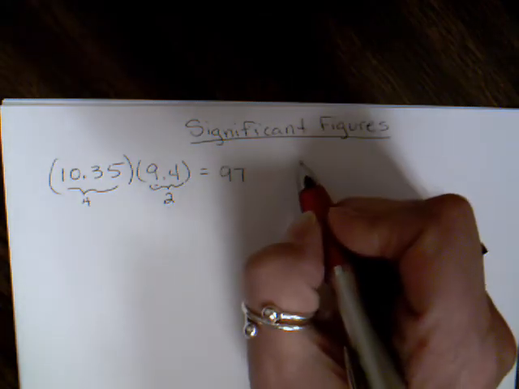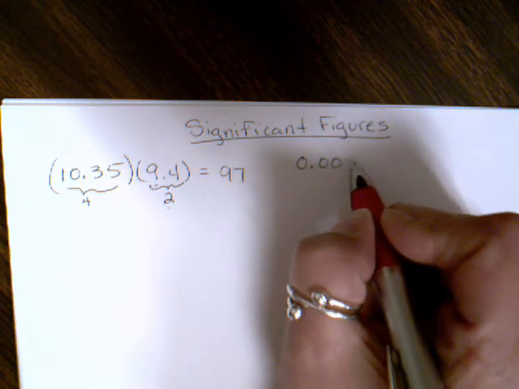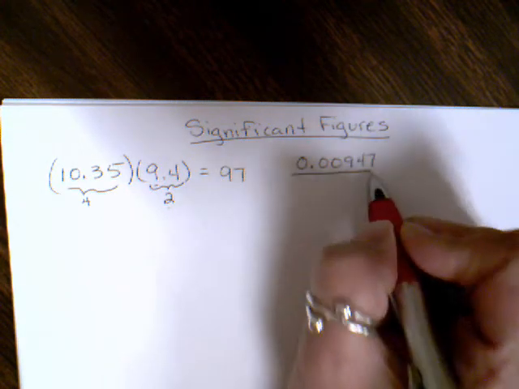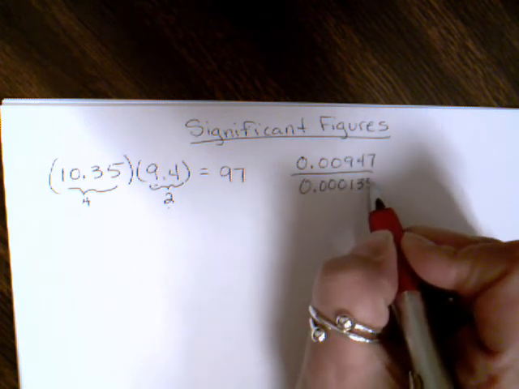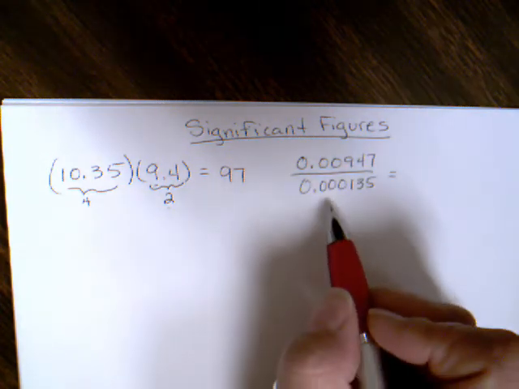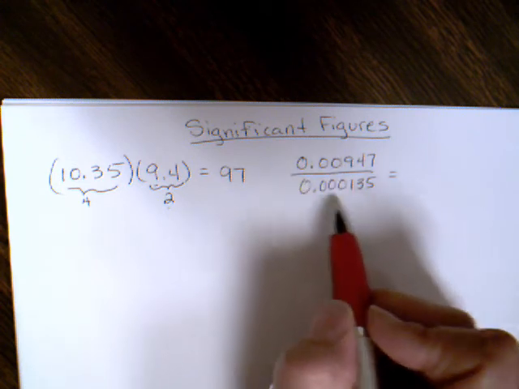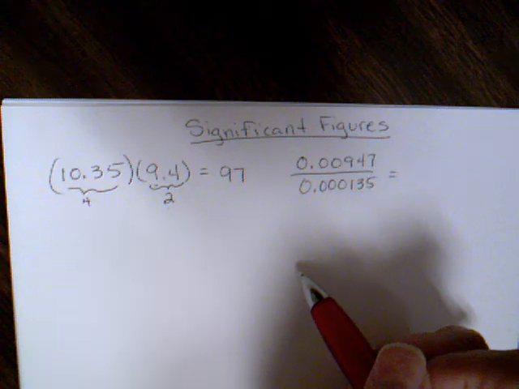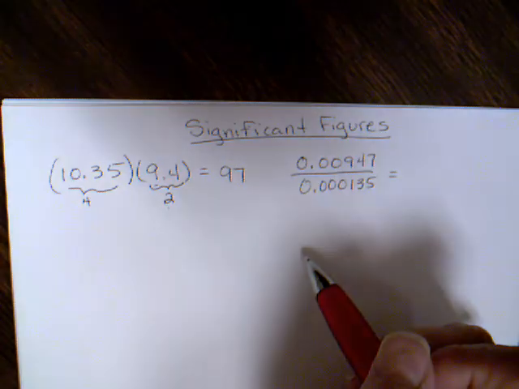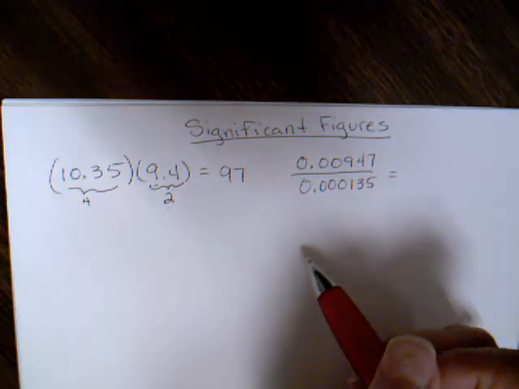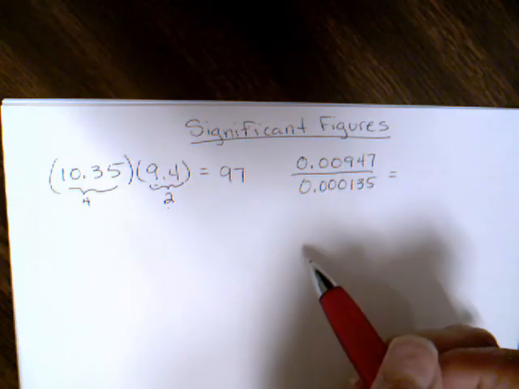Let's look at 0.00947 divided by 0.000135. Zeros preceding a number do not count as significant. There has to be a decimal with zeros after the decimal for the zeros to count.